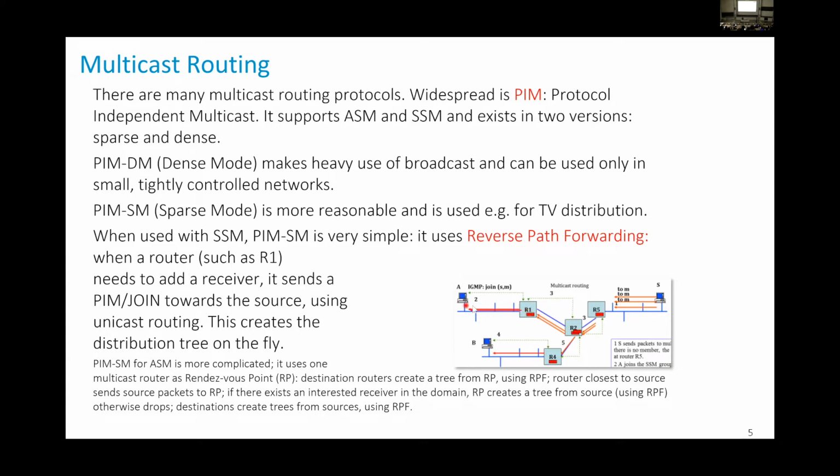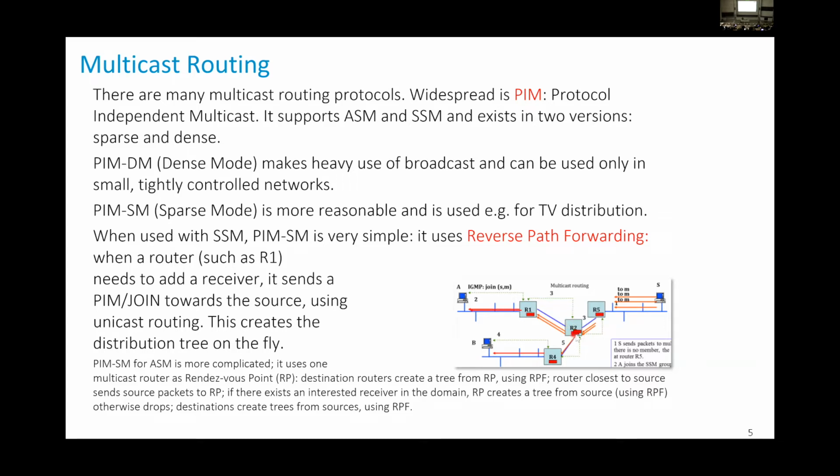So the idea is when an IGMP message is received by R1, then PIM sparse mode will send a PIM message that will say, somebody needs to get the messages of this group here, and I pass the information to the router which is the next hop for me towards the destination S, which is R2 here.